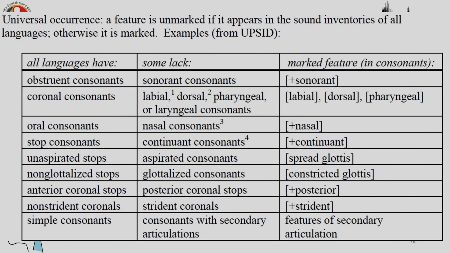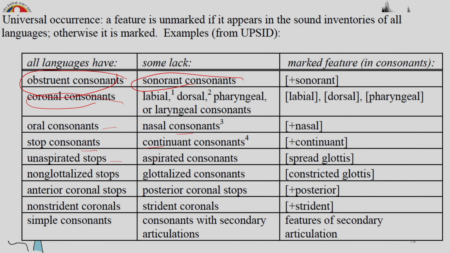So, a feature is unmarked if it appears in the sound inventories of all languages, otherwise it is marked. So, marked features in consonants: all languages have obstruent consonants, some lack sonorant consonants. All languages have coronal consonants, some lack labial, dorsal, pharyngeal or laryngeal. All have oral consonants but can lack nasal consonants, stop consonants but can lack continuant consonants and aspirated stops.